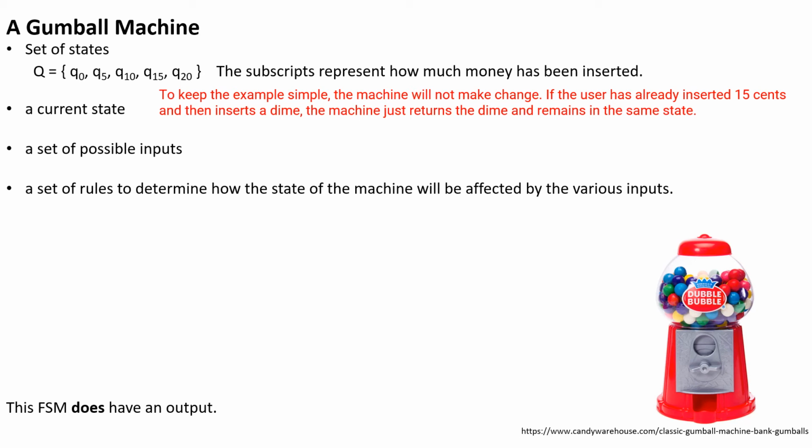We're just assuming with this example that it's just going to return the dime. If you give it too much, it returns that coin, and the state will still stay the same, where you don't get your gumball yet, but you would have to put in the exact correct change in order to be able to make the purchase.